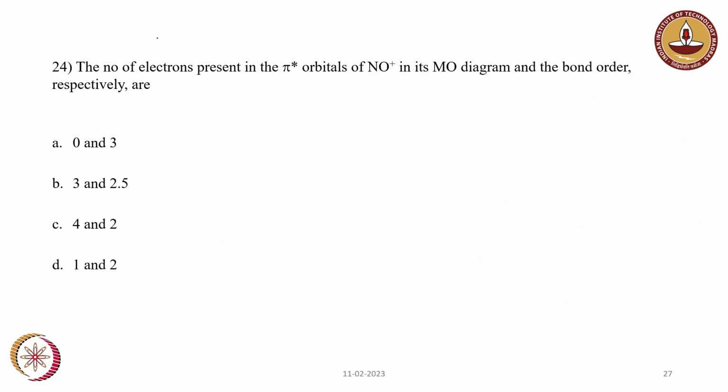the number of electrons present in the pi star orbitals of NO plus in its MO diagram, and the bond order, respectively, are. So we have already seen, but we'll do it again. In NO plus, a total of 10 valence electrons are present.